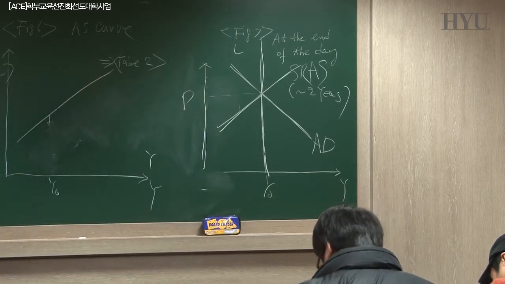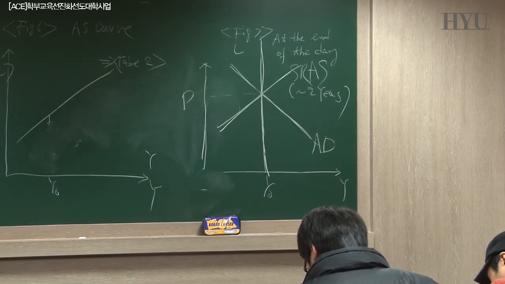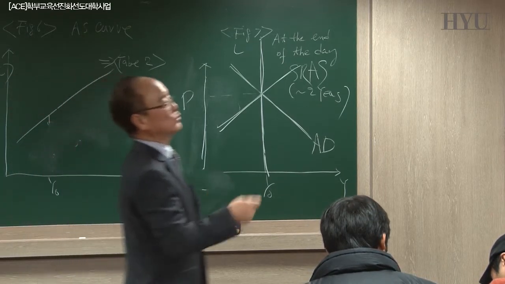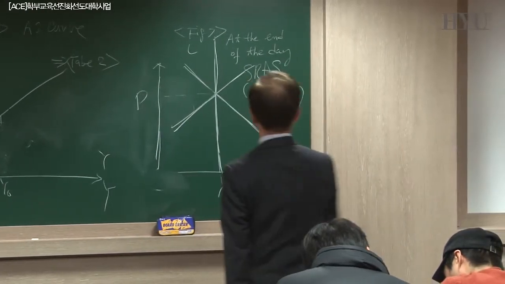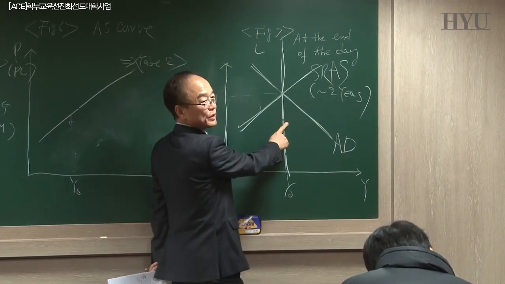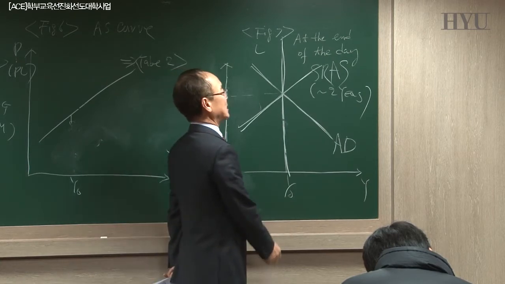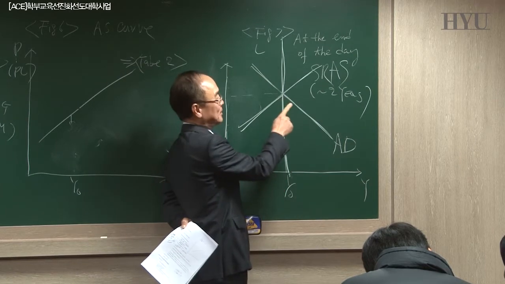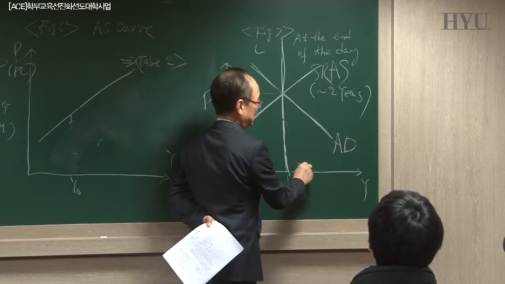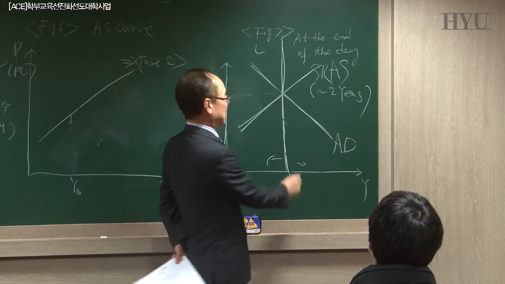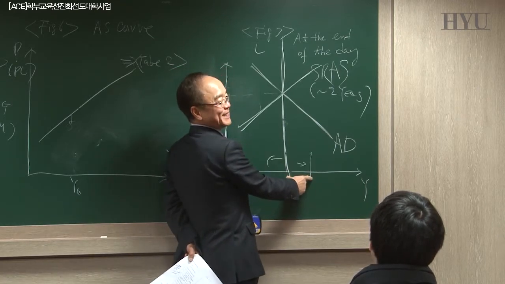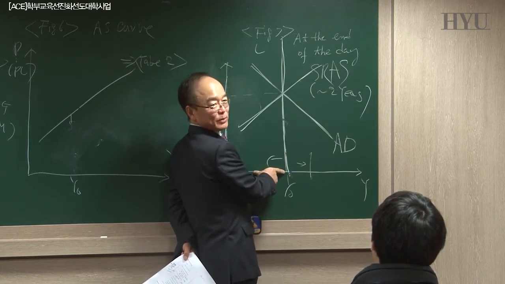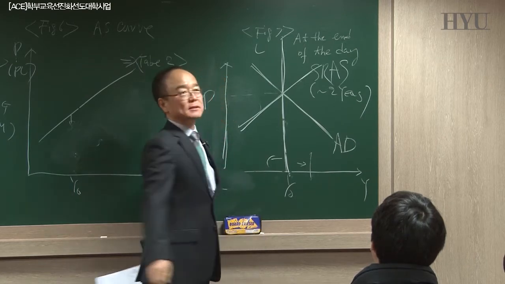He clearly said that Keynesian theories are only for a time horizon of less than 2 years. Longer than that, you have to focus on the long run. What that means is that the long run economy should come back to here. In the short run, it can move in this direction, which we call overheating, and in this region, recession or depression.